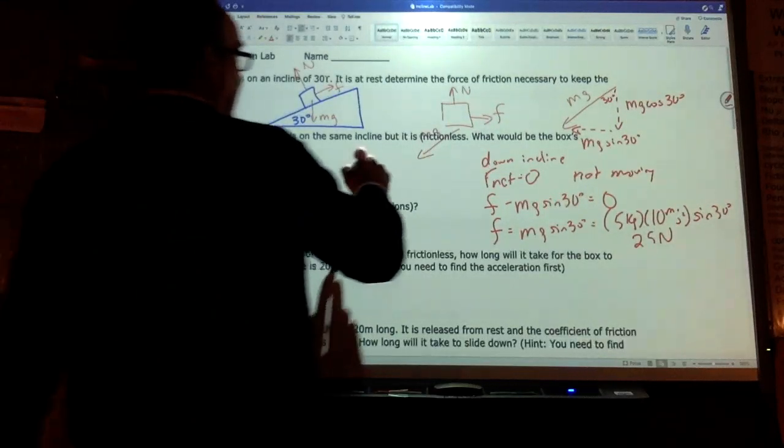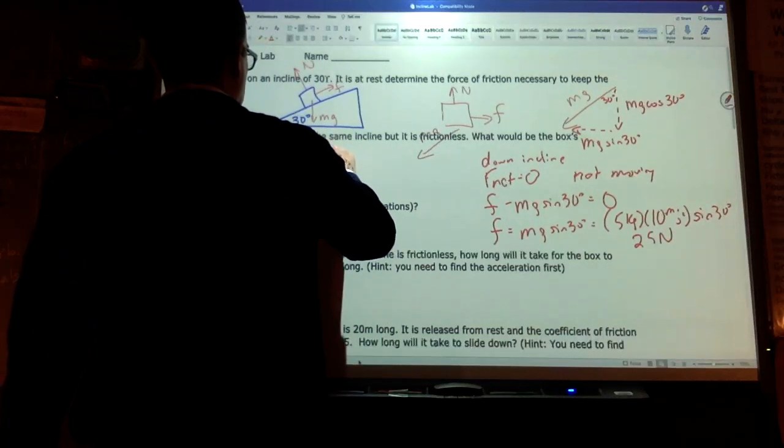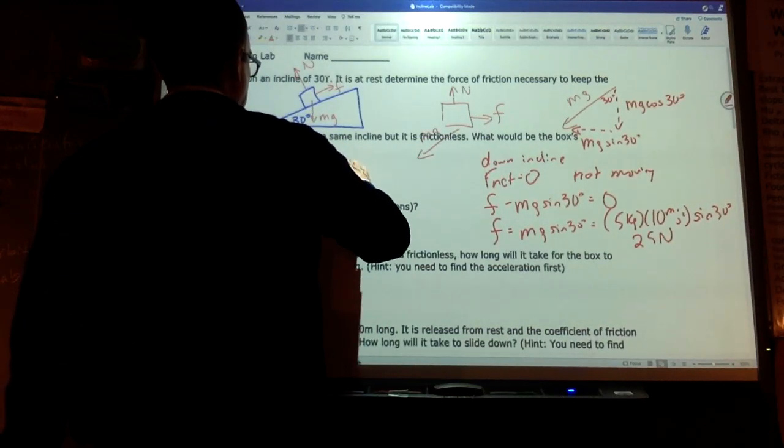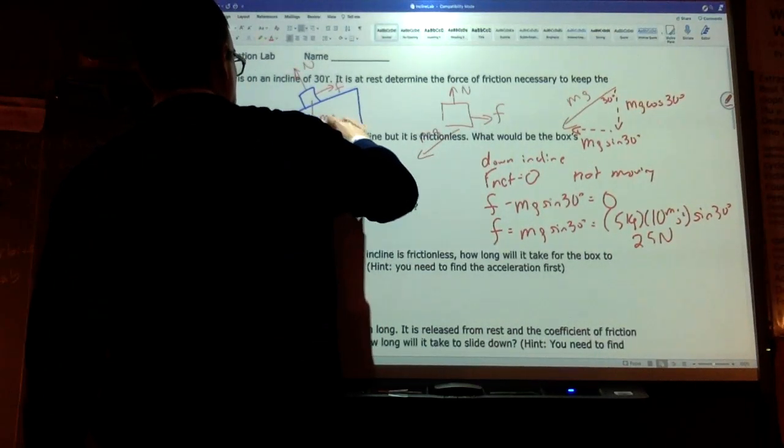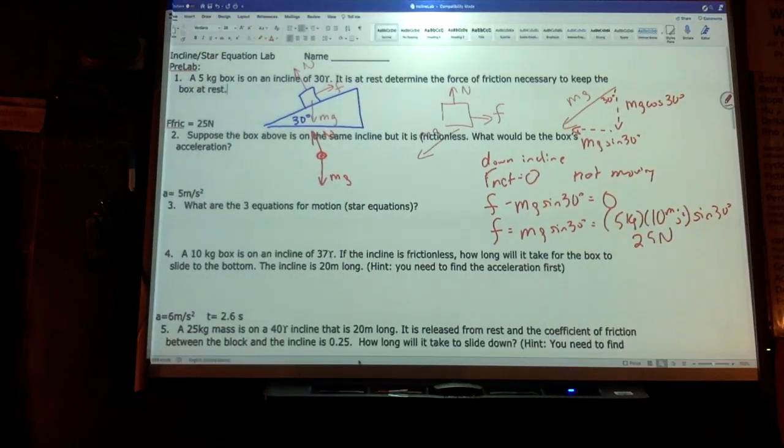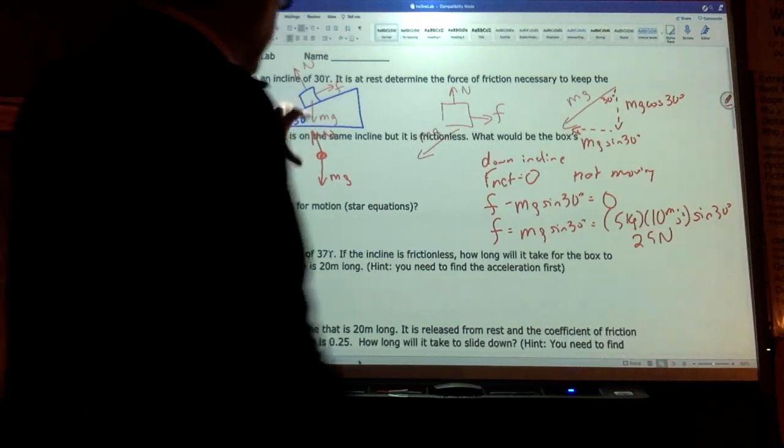All right, so in this case, my free body diagram is only going to have weight and normal. And this will be what it will be for the lab. You're going to do this for 3 different angles. So again, I'm going to rotate it.